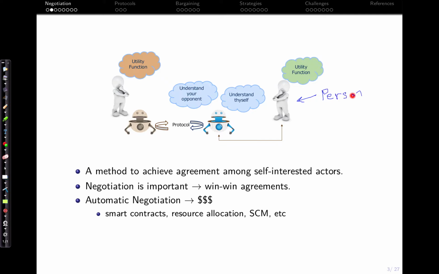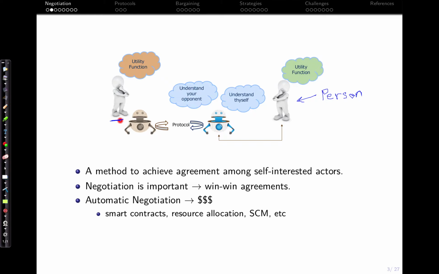Or it can be an institution. And it has some goals. He wants to achieve something. And this is represented internally by a utility function, which gives it a preference over possible alternatives. And to achieve this goal, it needs to do something that involves another actor, this actor in this case, and this other actor again can be a person or an institute.